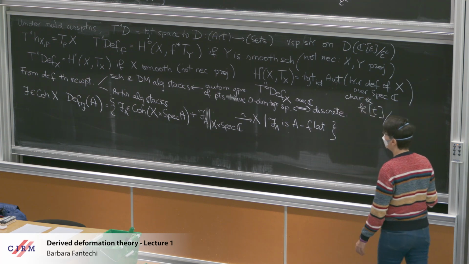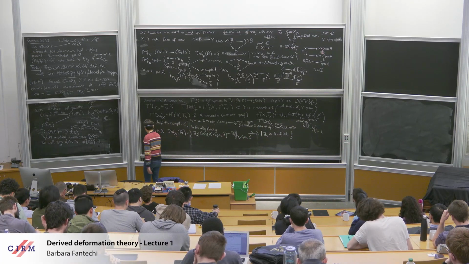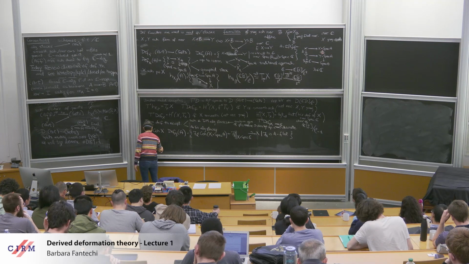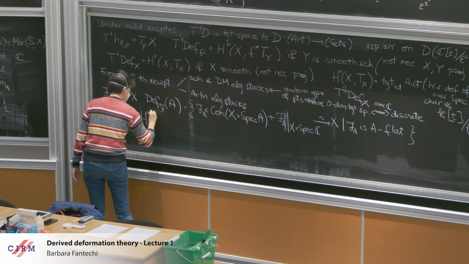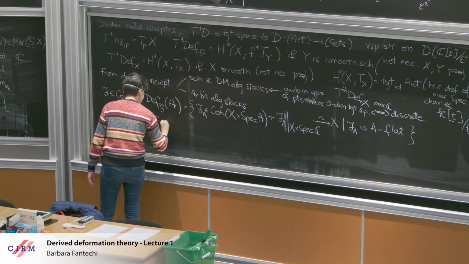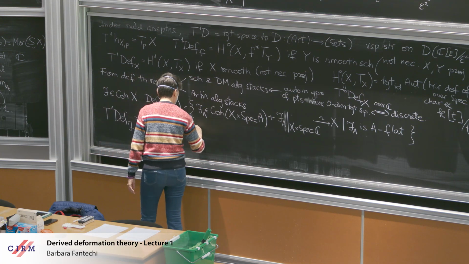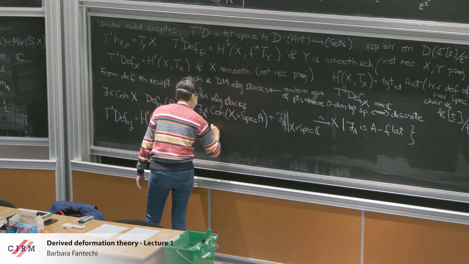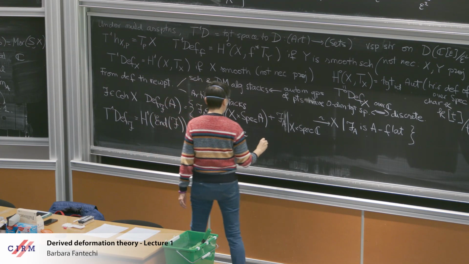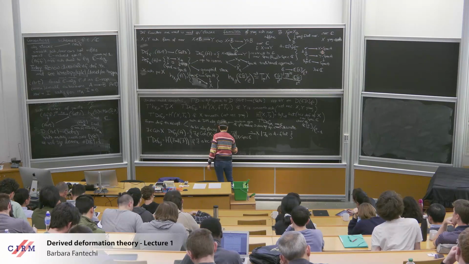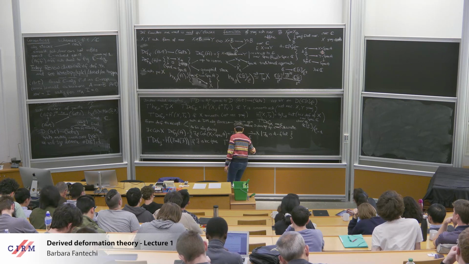And in this case, again, we can compute T1 of Def F, and this is H1 of the endomorphisms of F if F is locally free. And of course, in this case, T0 is H0 of End F.